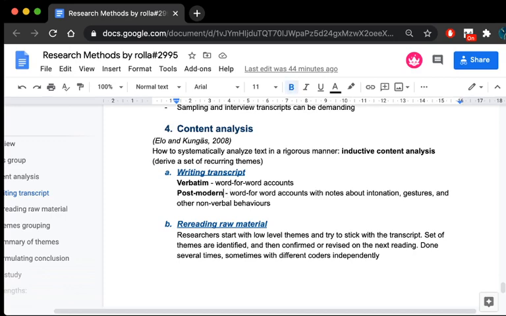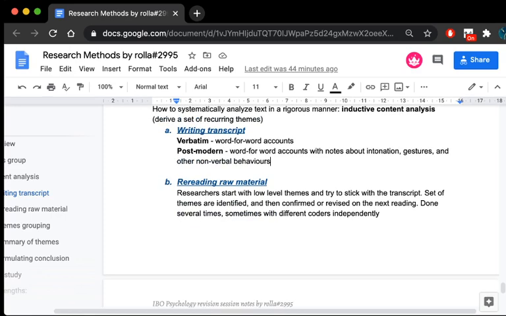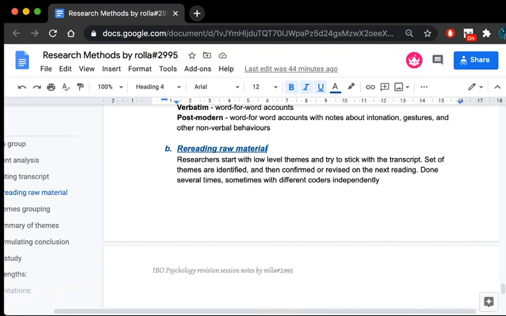There can be verbatim, which is a word-per-word account. Then there's also postmortem, where they record word for word with interview notes about intonation, gesture, and other nonverbal behaviors. So that's a bit of a mix of observation and interviews.